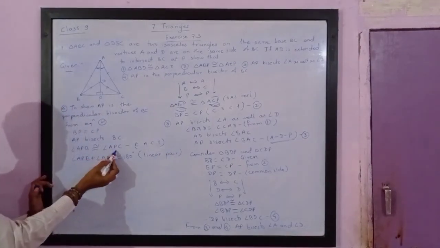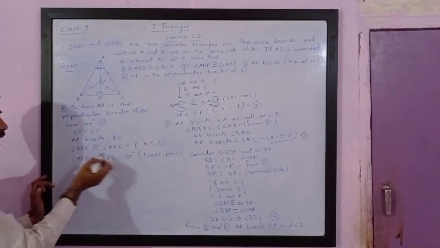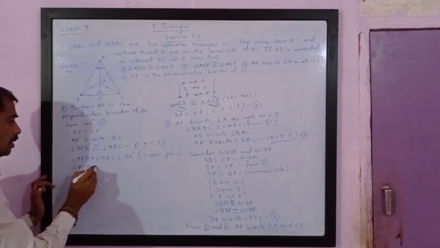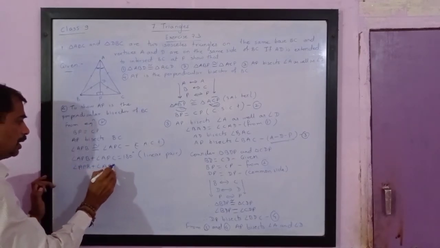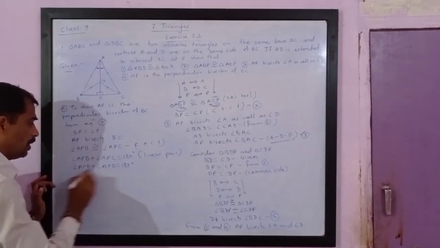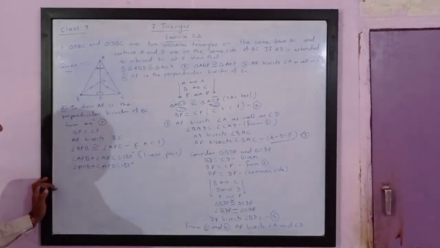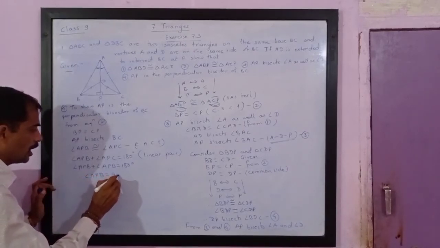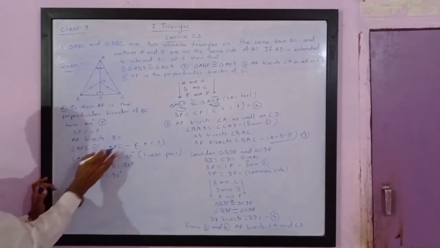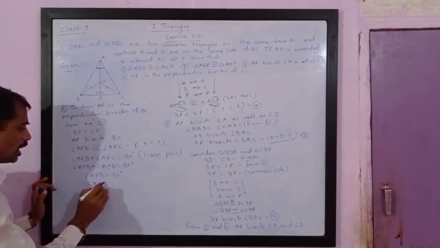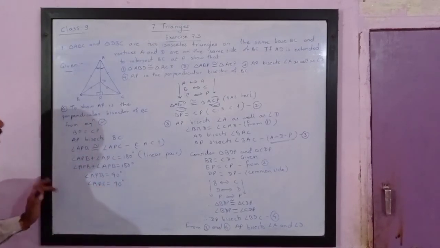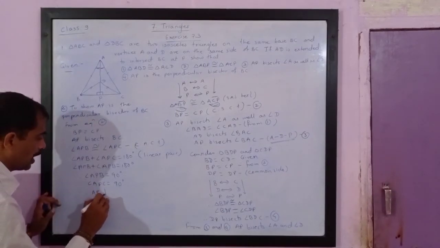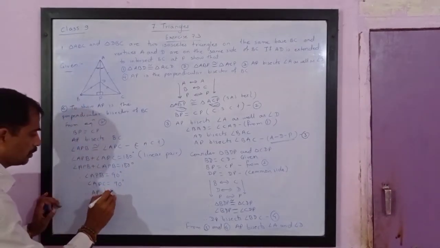Now we already wrote APC is equal to APB, so I can write angle APB plus angle APB is equal to 180 degrees. It means twice angle APB is equal to 180 degrees. Therefore, angle APB is equal to 90 degrees. If angle APB is 90, angle APC is also 90 degrees. It means AP is perpendicular to BC.